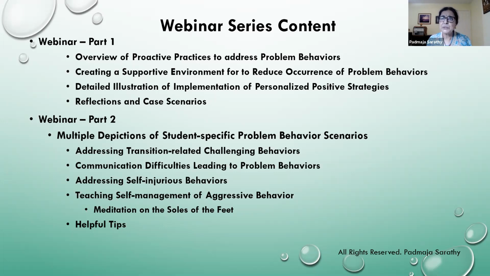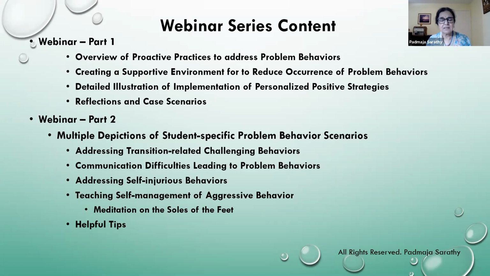And we will also be doing some reflection on why we pursue somewhat of a punitive approach when we see that it doesn't really work. And are we really teaching the student the replacement behavior skills he or she needs so that the problem behaviors are not effective for the student?